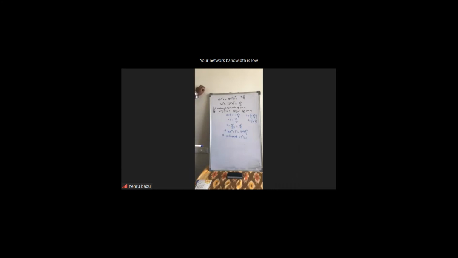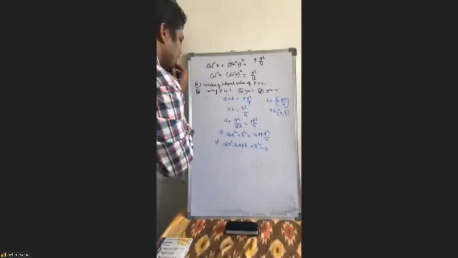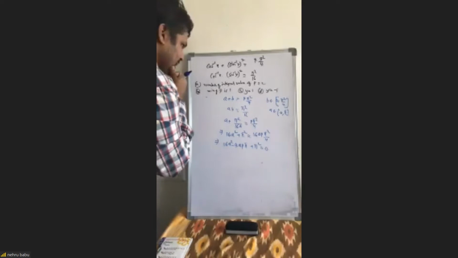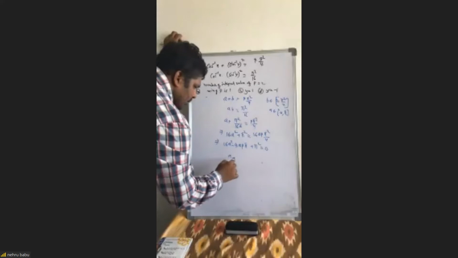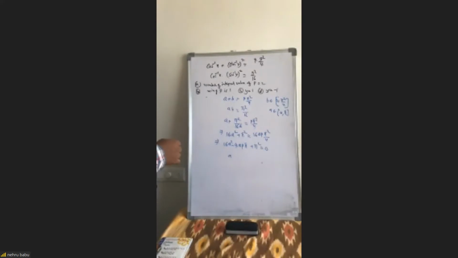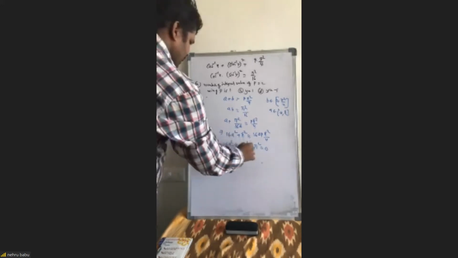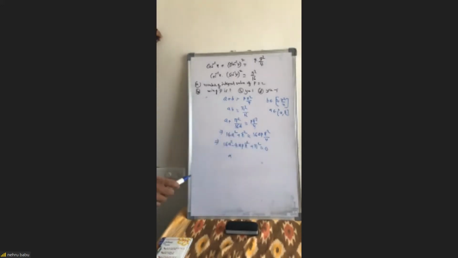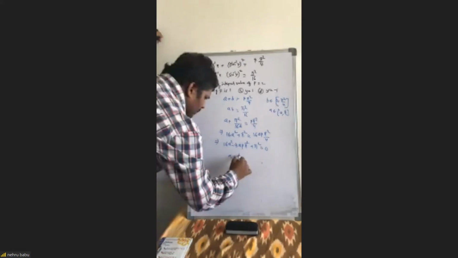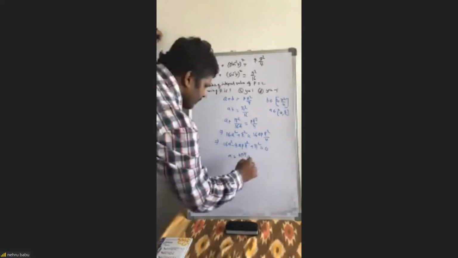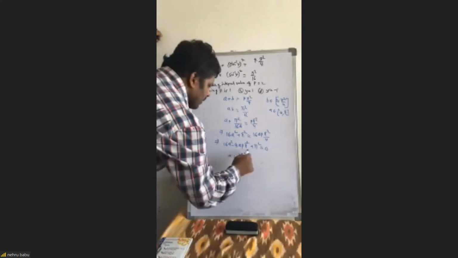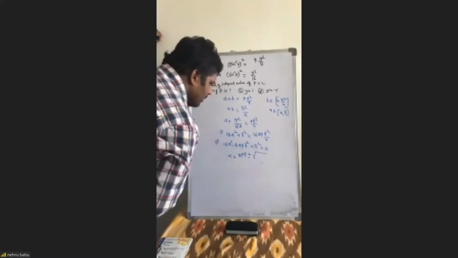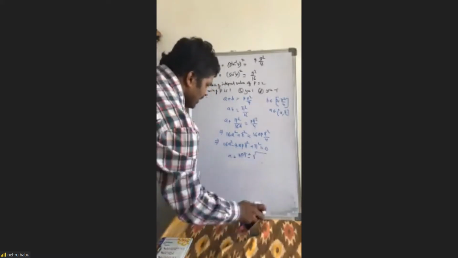Let's see. So just p equal to 1 is coming real root, sir.